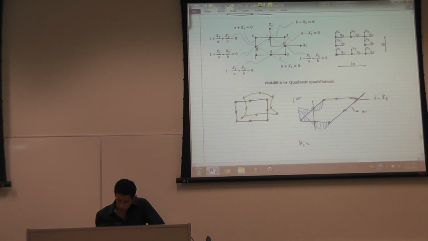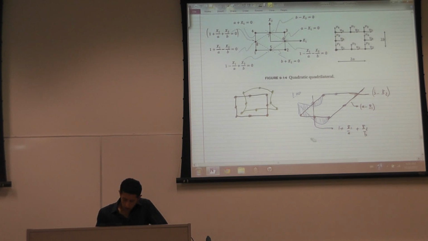This line is A minus x1. And this line is 1 plus x1 over A plus x2 over B. And so N1 is equal to B minus x2, A minus x1, 1 plus x1 over A plus x2 over B.